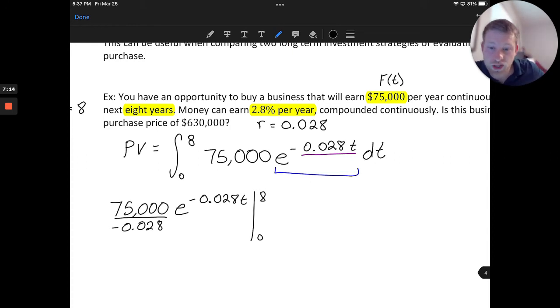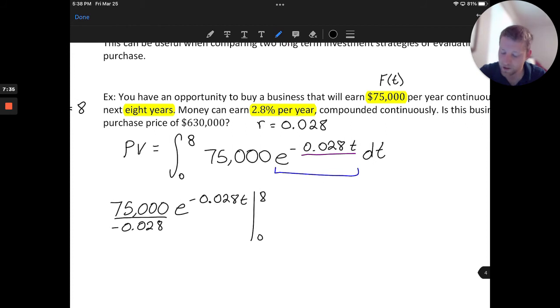Again, you can double check that this antiderivative is correct by considering taking its derivative. When we take the derivative, everything will remain, except we'll have to multiply by negative 0.028 when we apply that chain rule.